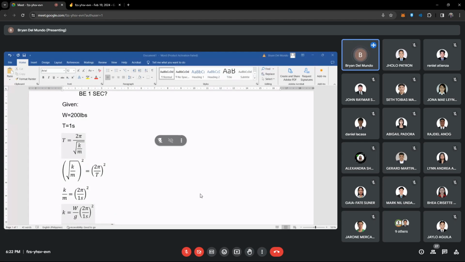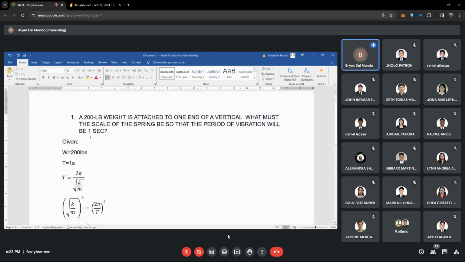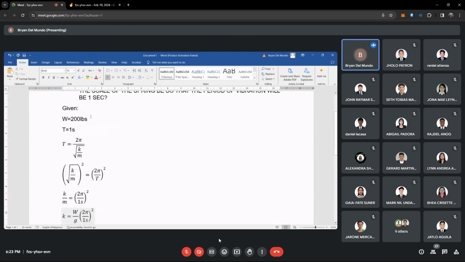So ganyan lang. So let's try to have a summary. For this problem, sinolve nga natin is a 200-pound weight is attached to one end of a vertical spring, and what was the scale of the spring so that the period of the vibration will be 1 second. So we have here our given weight is 200 pounds and period is 1 second.